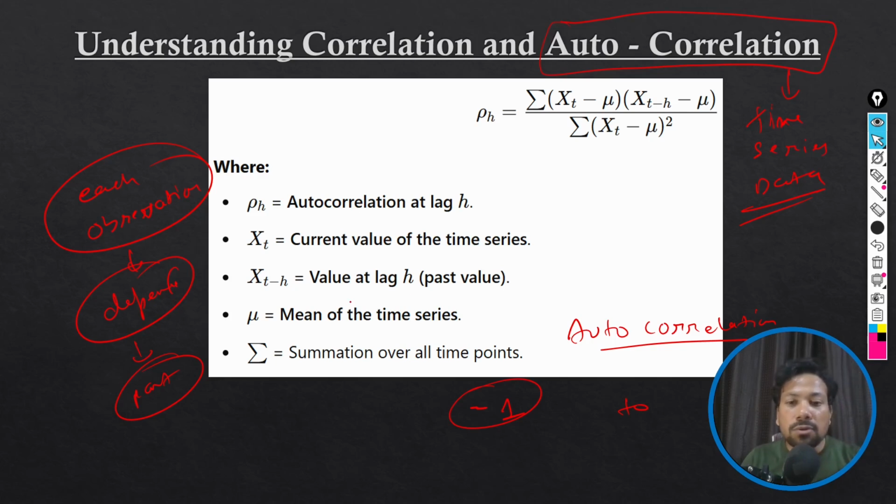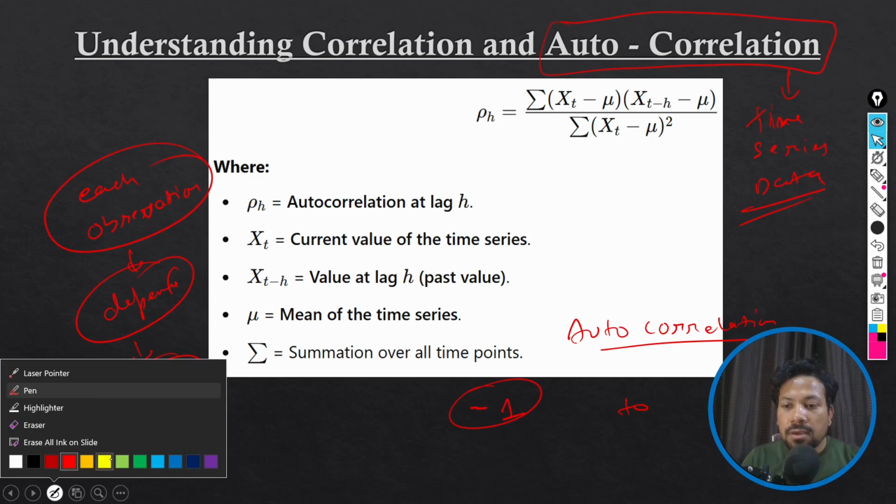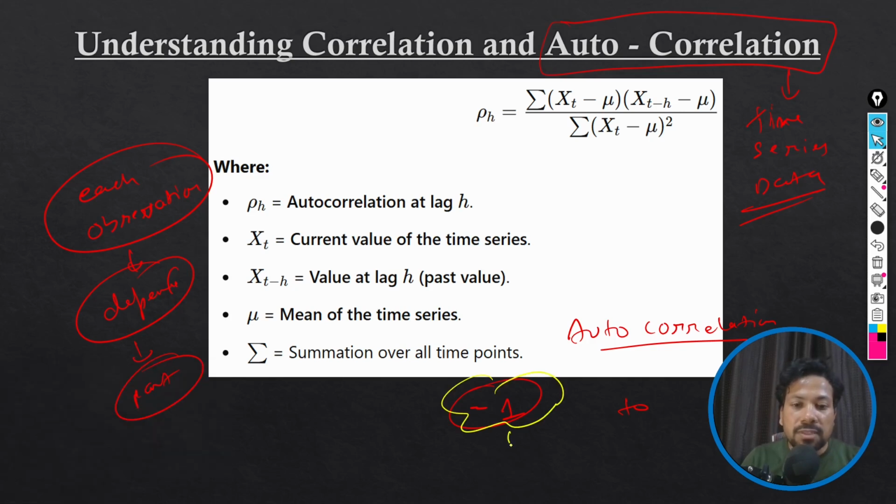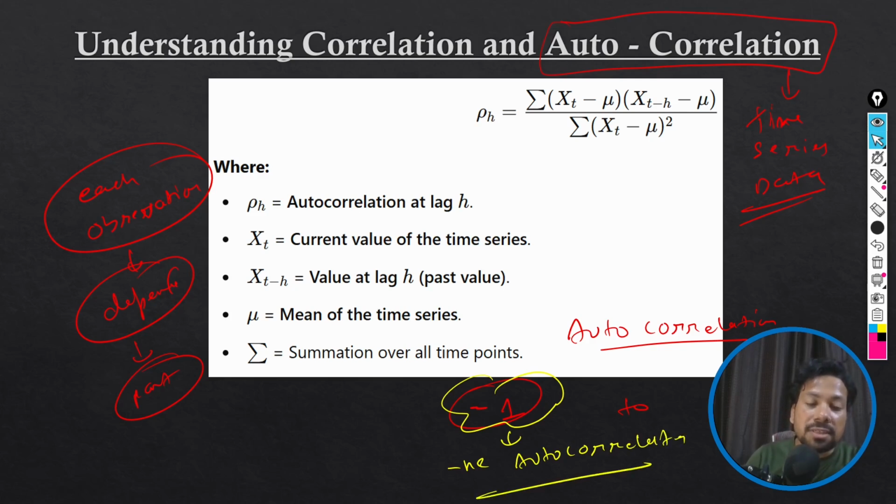But if our autocorrelation comes closer to -1, then we will say that our present value is negatively autocorrelated with our past values. That simply means if yesterday's temperature was higher, then today's temperature will be lower. Negative correlation means opposite.